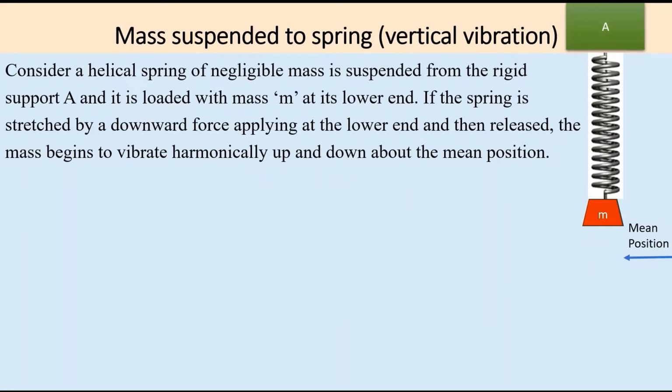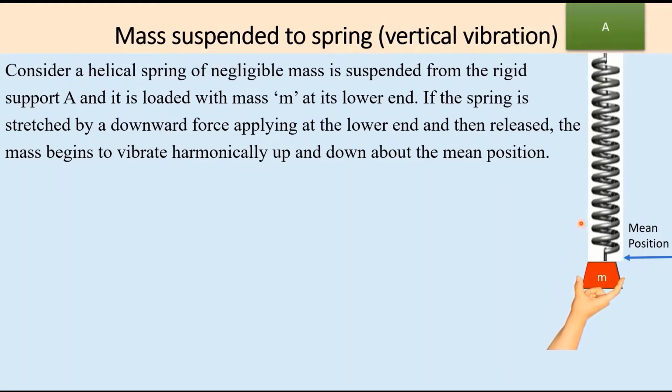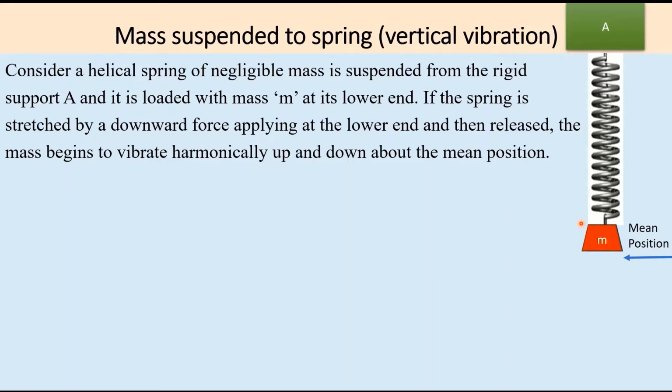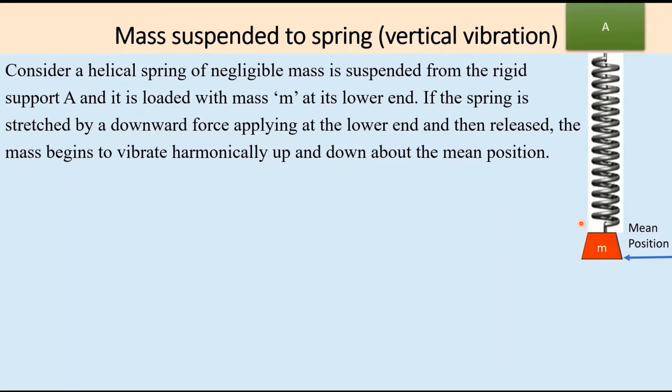Consider a helical spring of negligible mass suspended from the rigid support A, and it is loaded with the mass m at the lower end. If the spring is stretched by a downward force applied at the lower end and then released, the mass begins to vibrate harmonically up and down about the mean position. So this is nothing but the simple harmonic motion.